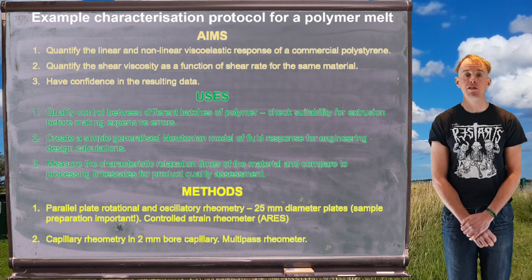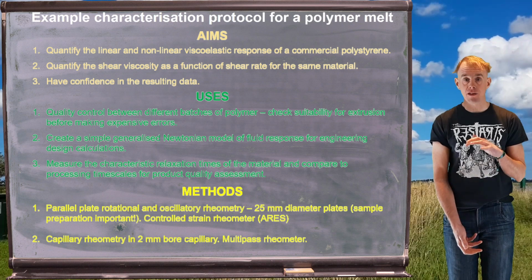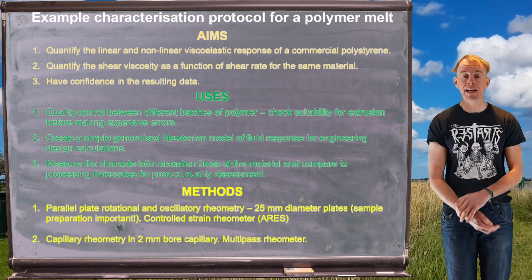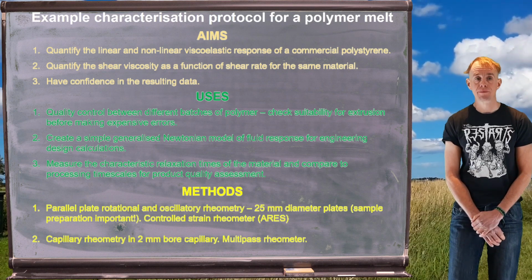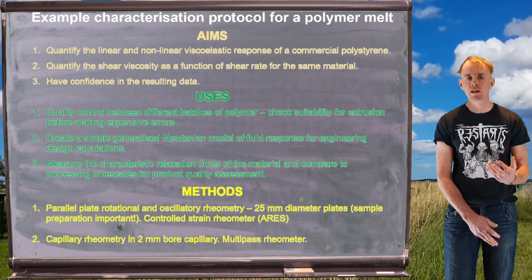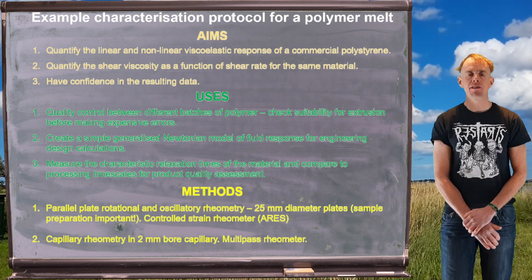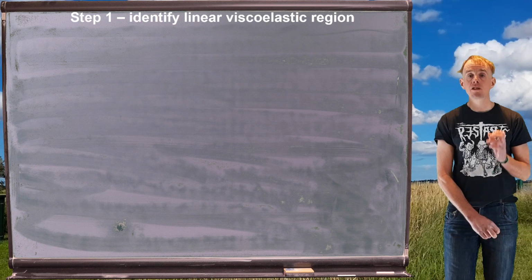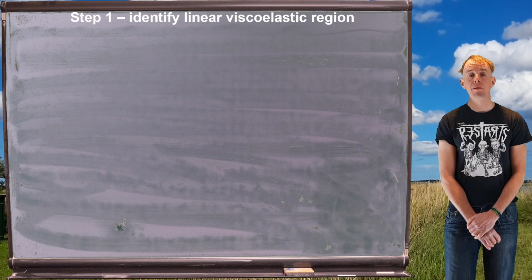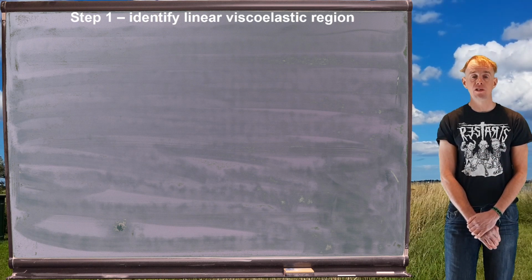I'll be using 2mm bore capillaries of varying lengths, and those varying lengths allow us to do a Bagley correction and to ensure, again, that we've got good quality data. So those are our aims, those are our uses, those are our methods. Let's get down to the heart of this and see what sort of data we can obtain and what kind of protocol we could perhaps follow to make sure that we have a good analysis.